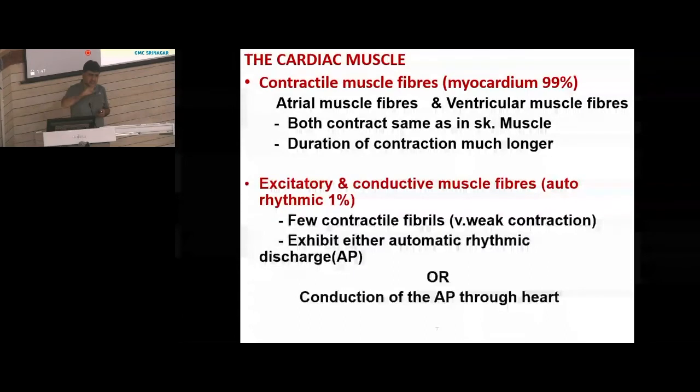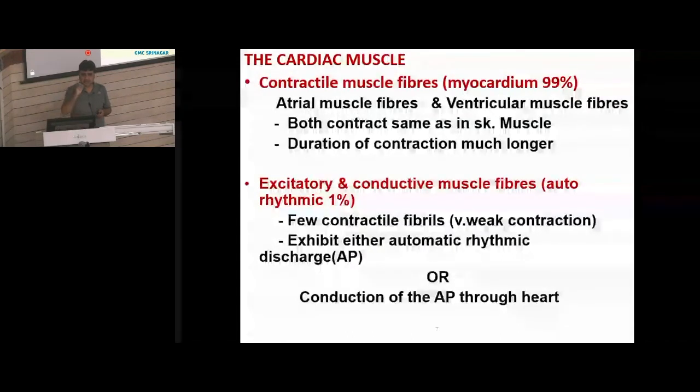Second, they can conduct these impulses faster than the cardiac muscles. That 99% of cardiac muscles can also conduct; as we discussed, they have a special property called syncytium, and they act as a single unit. But what is the specialty of the conduction system fibers?